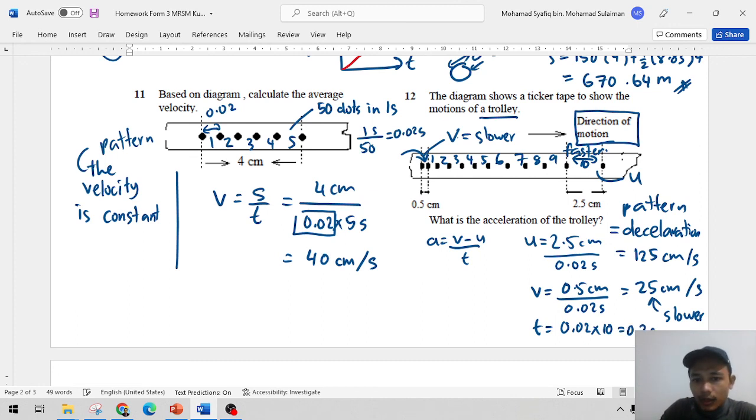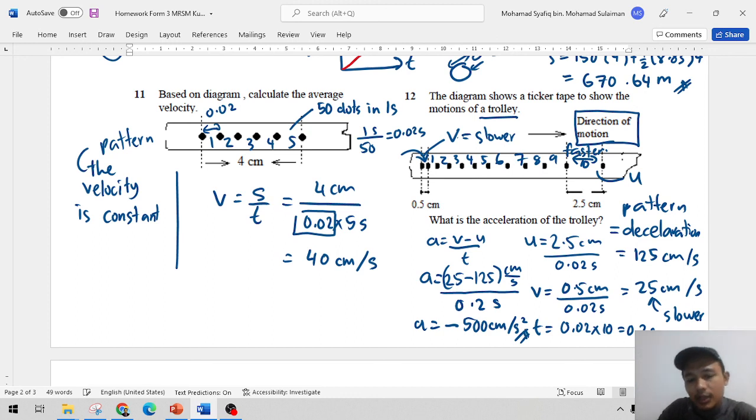So we enter here, a is equal to 25 minus 125 centimeters per second divided by 0.2 second, and this will give us the acceleration of minus, because it is a deceleration, minus 500 centimeters per second squared.